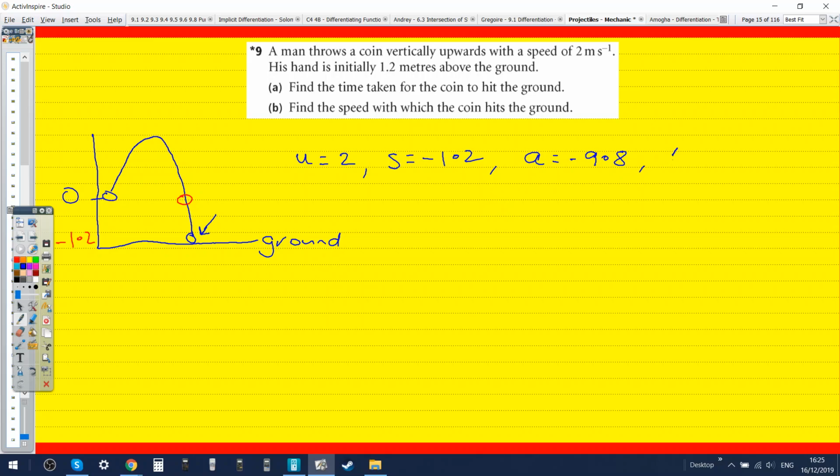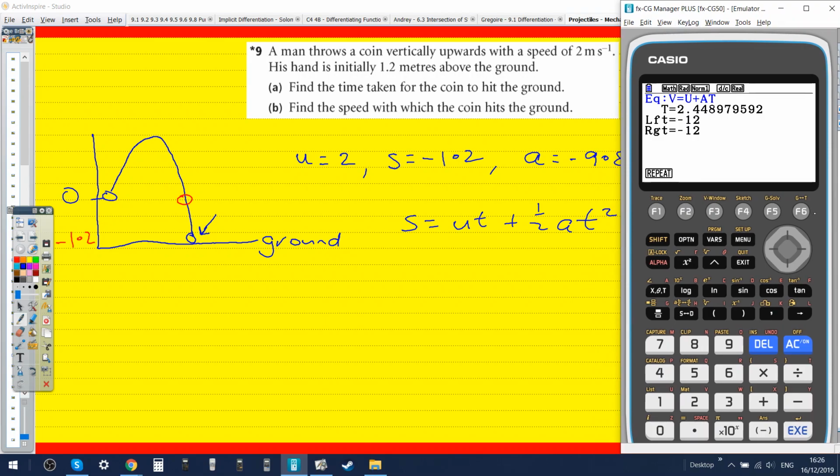Could we use S equals UT plus half AT squared? Yeah. So do you want to try? Equals.